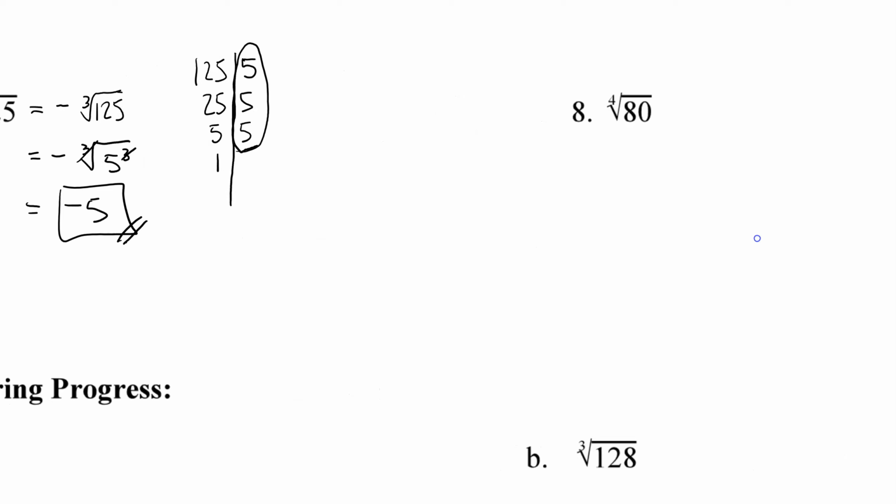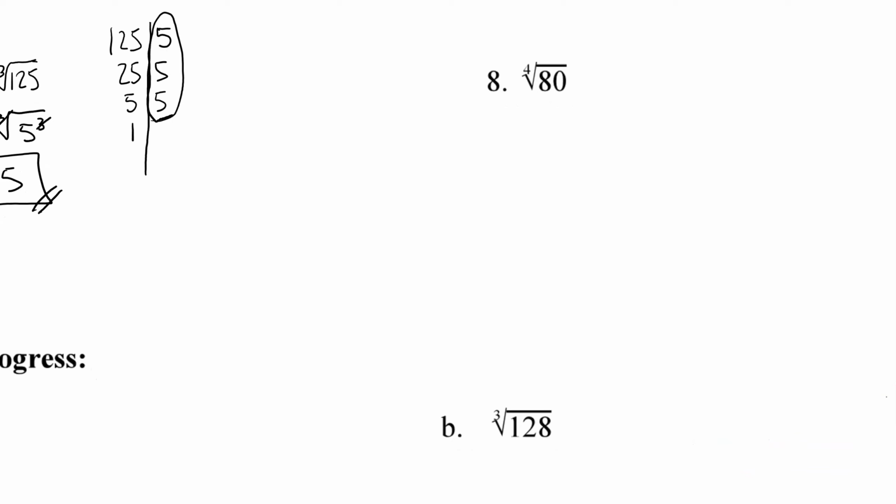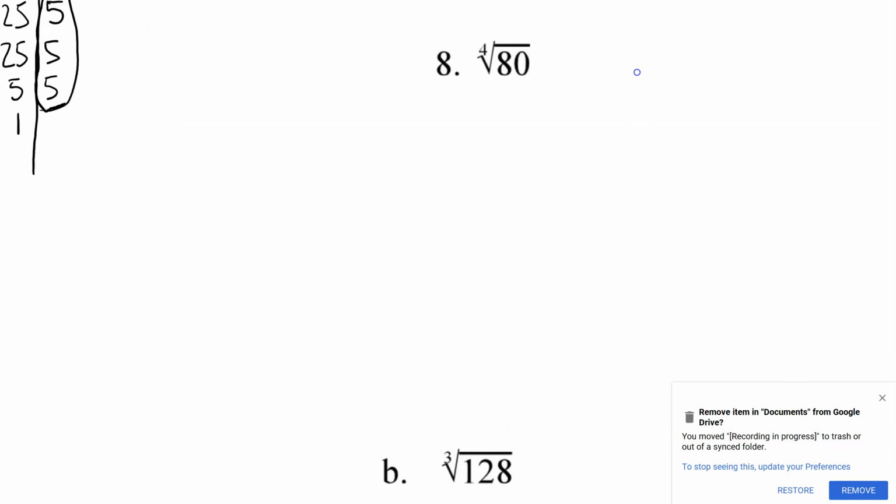So we look at number 8. We've got the fourth root of 80. So this time we're going to be looking for 4 factors that are the same. So we write 80. 2 goes into 80 40 times, and 2 goes into 40 20 times, 2 goes into 20 10 times, and 2 goes into 10 5 times. 5 is prime, so 5 goes into 5 1 time, and we're done.